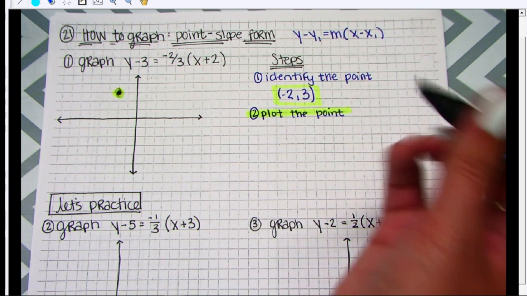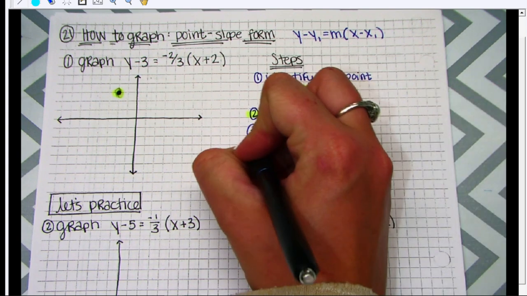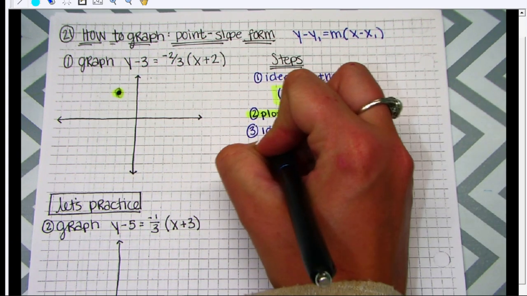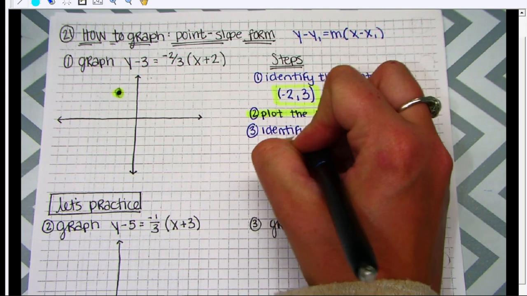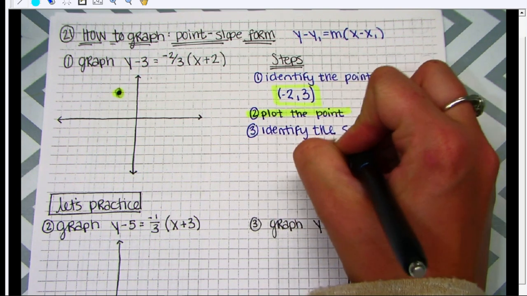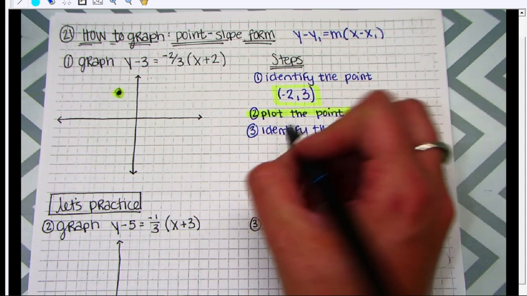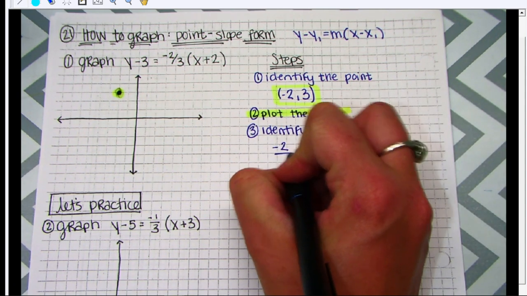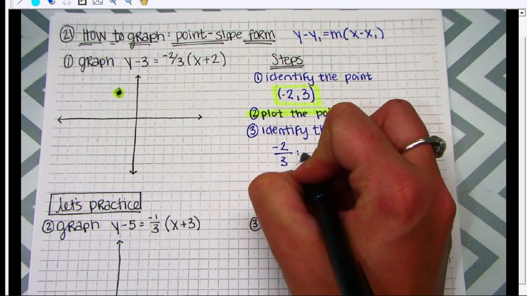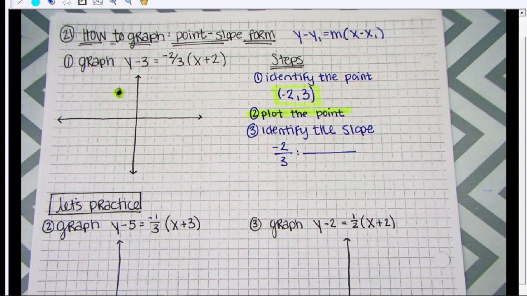Step 3 is to identify the slope. So what is the slope of our equation? Negative 2/3. Let's write the meaning in words. What does negative 2/3 mean in slope terms?